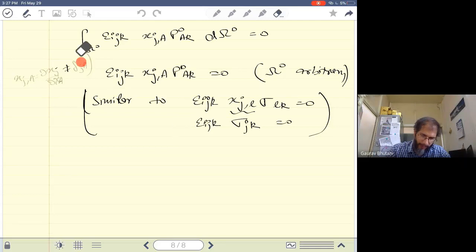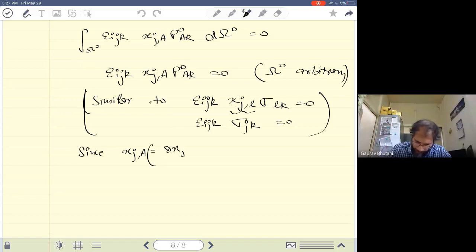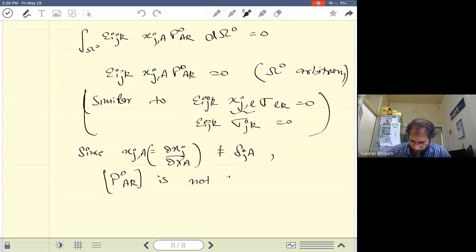Let's write it properly. Okay, so P naught AK is not symmetric.